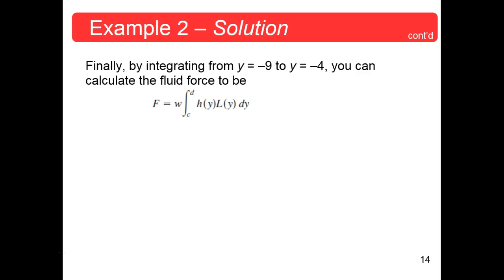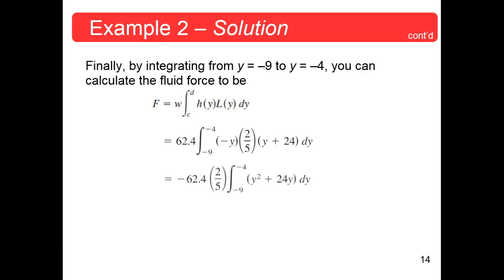Your L was that thing we just did, 2/5 (y plus 24). What I did, and they ultimately are going to do, is bring the 2/5 out here times the 62.4. They did it. And go from -9 to -4, and then when they multiply those together, they get a minus here. Pull the minus out and give them this, which is what we did.